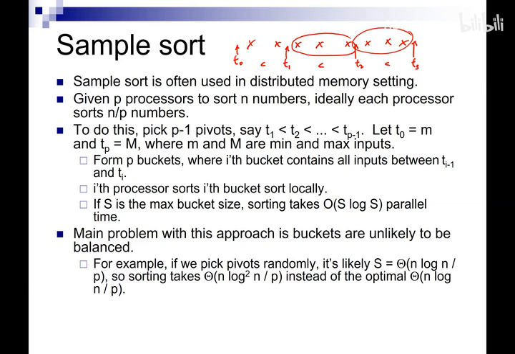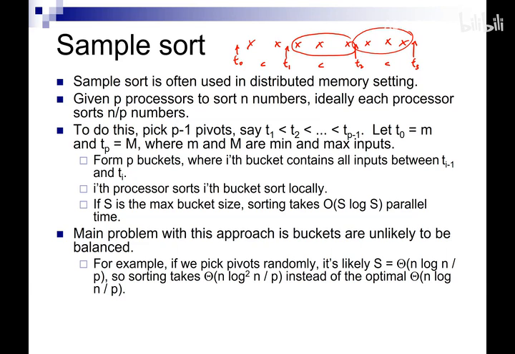However, the problem is that it's unlikely that the buckets are going to be the same size. For example, if you pick pivot elements randomly, then the largest bucket size is quite likely to be not n divided by p, but n divided by p times log n. So it's larger than this ideal size by a factor of log n.